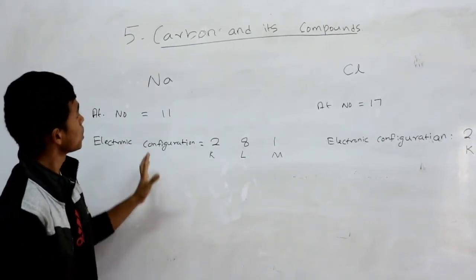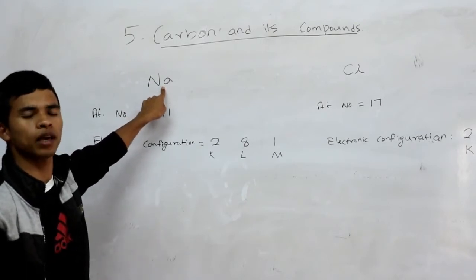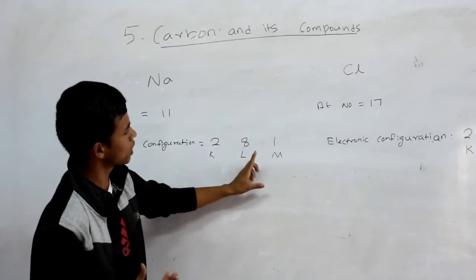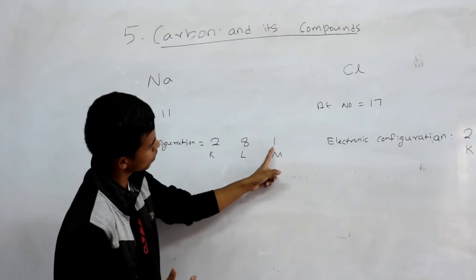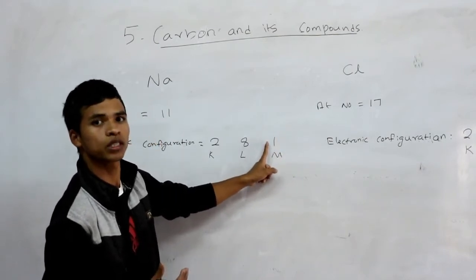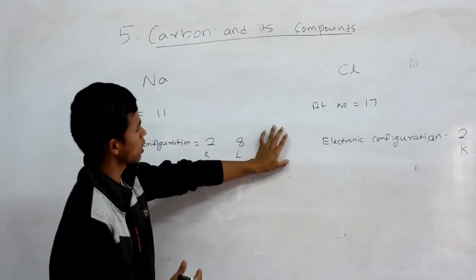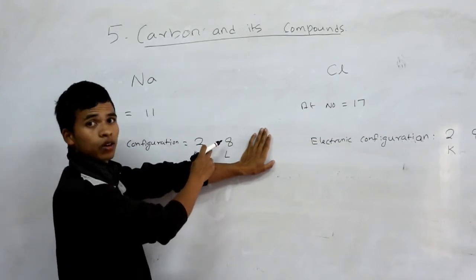Sodium is an electropositive element, and it needs to complete the octet structure. It can either gain 7 electrons, so that there will be 8 electrons in the outermost shell, or it can lose this one electron, so that the outermost shell will be the L shell with 8 electrons.